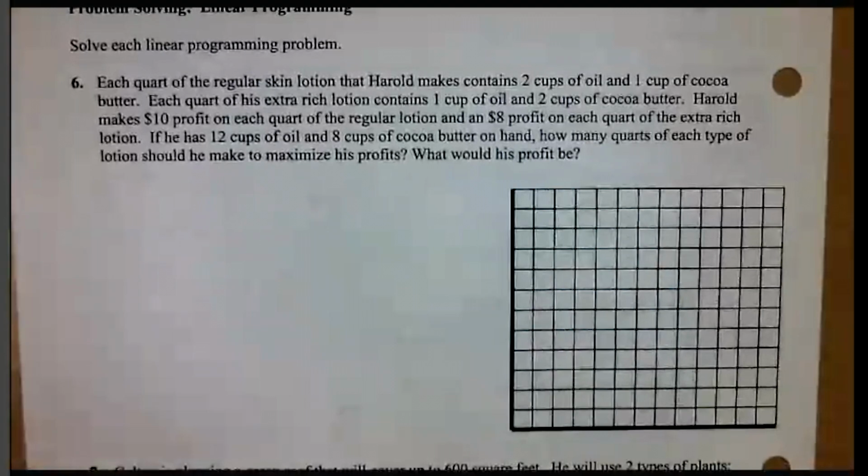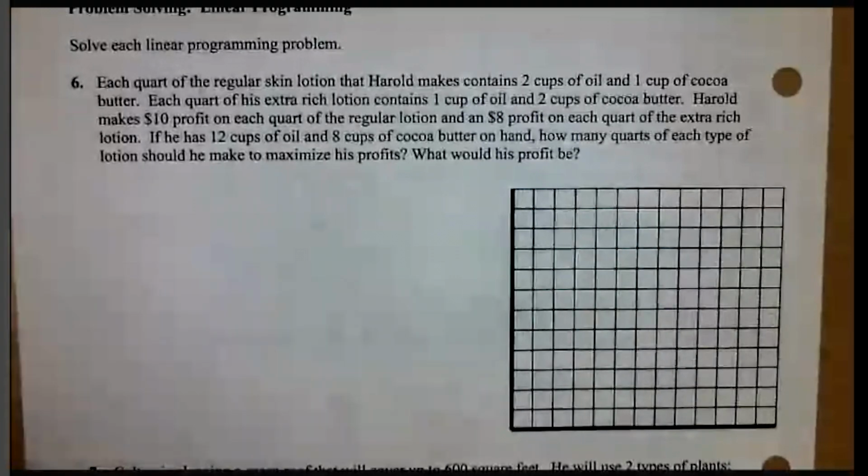Harold makes $10 profit on each quart of regular lotion and an $8 profit on each quart of the extra rich lotion. If he has 12 cups of oil and 8 cups of cocoa butter on hand, how many quarts of each type of lotion should he make to maximize his profits? And what would his profit be? There's a lot of information here, and that's necessary in order for you to write all of the constraints, the objective function, and be able to graph this and answer the questions.